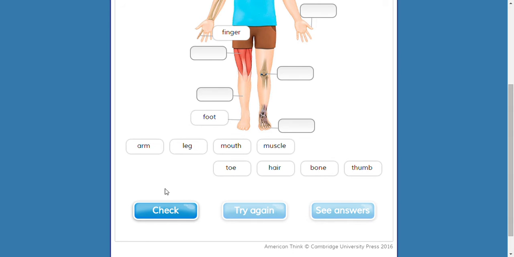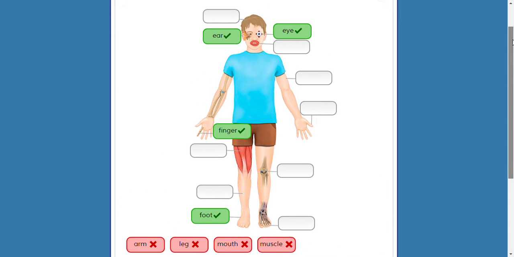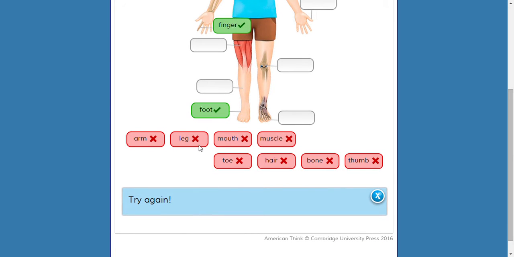Okay, now here I don't find the vocabulary word. So we're going to check this part. 1, 2, 3. Okay, the vocabulary we've already done is good. Now ear, eye, finger, foot. What about the others? What about arm, leg, mouth, muscle, toes, hair, bone, and thumb?